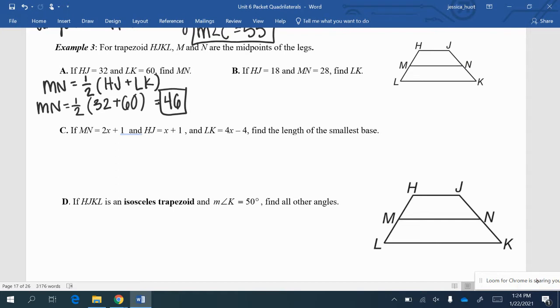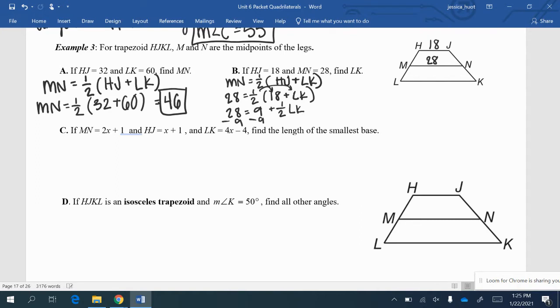All right, so then if HJ is 18 and MN is 28, find LK. Again, if I write this out, MN is 1/2 of our two bases. We know MN is 28, and we know HJ is 18. Now we can go ahead and solve. I'm going to solve by distributing my 1/2 into my parentheses. So 28 is equal to 9 plus 1/2 LK.